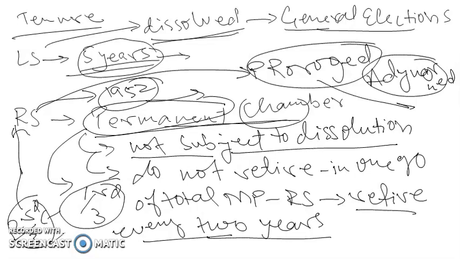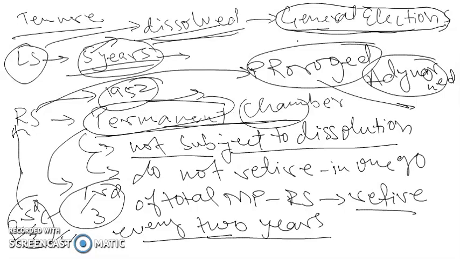While the Lok Sabha, being a temporary house, is dissolved every 5 years, and general elections are held, and again a new Lok Sabha is constituted.